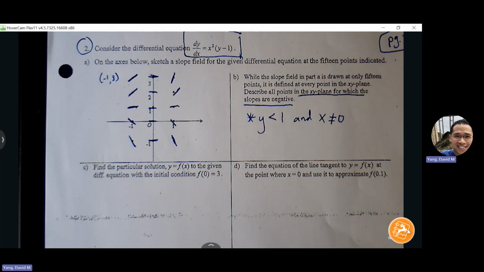Separate the variables and then divide it. Substitution.